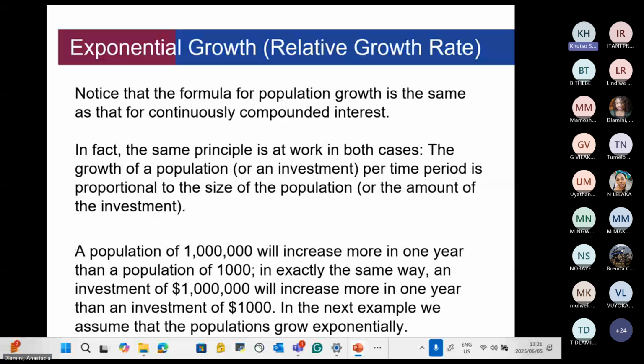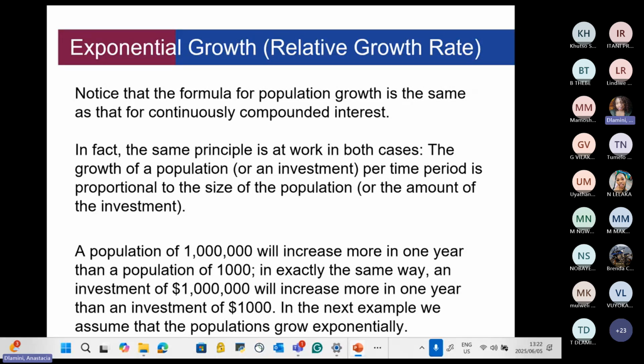Now they're saying the growth of population per time period is proportional to the size of the population. That is, a population of 100,000 will increase more in 1 year than a population of 1,000.